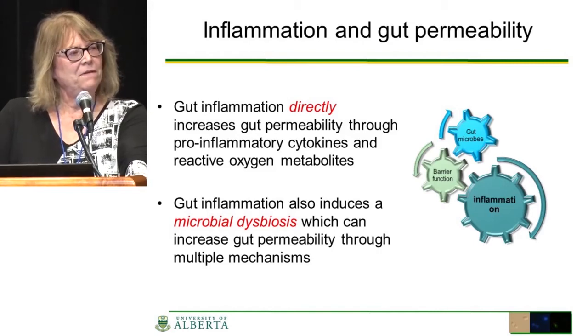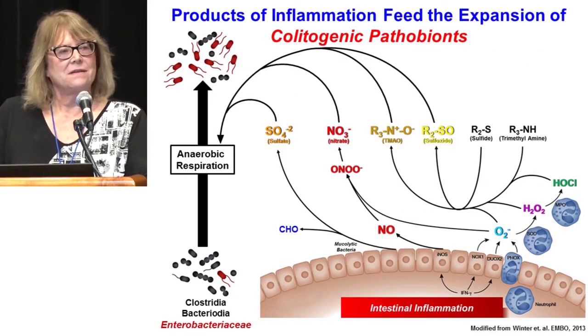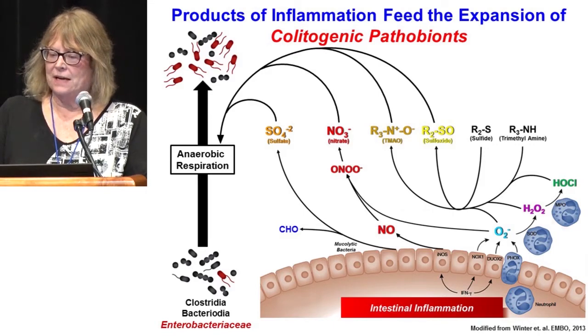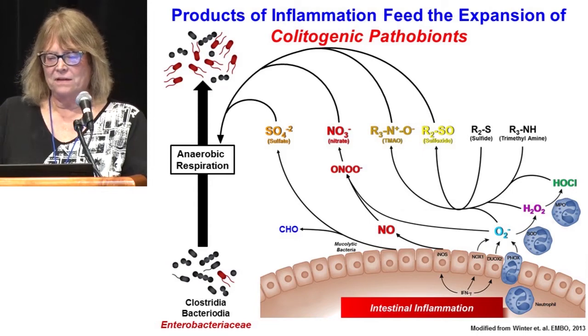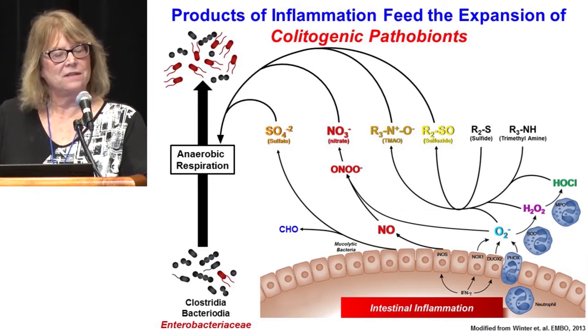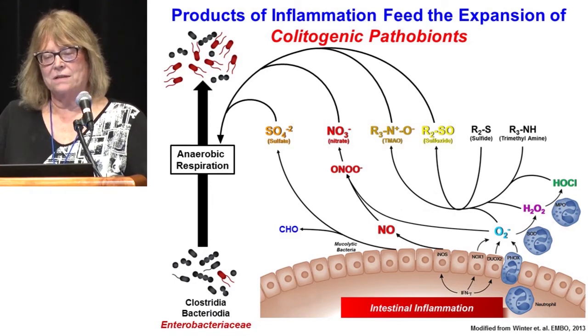So why does inflammation always induce dysbiosis? Because of this. When you have inflammation in the gut, epithelial cells will release oxygen metabolites, a little bit of nitric oxide. Neutrophils will come across and release some hydrogen peroxide.